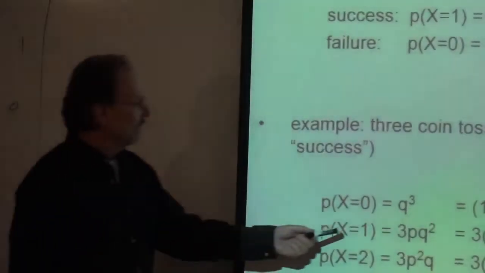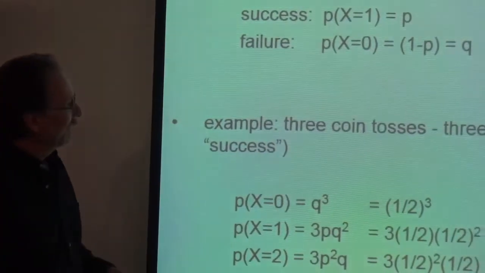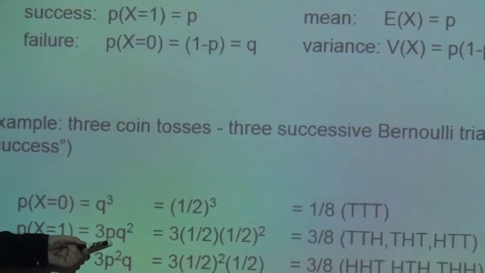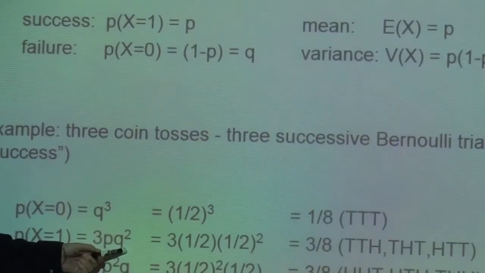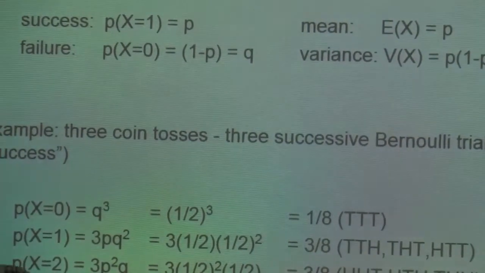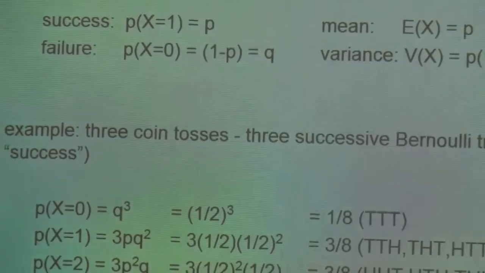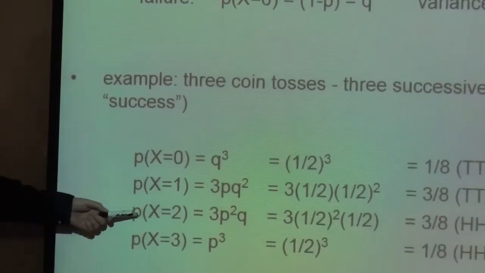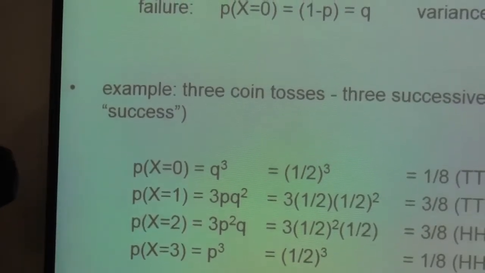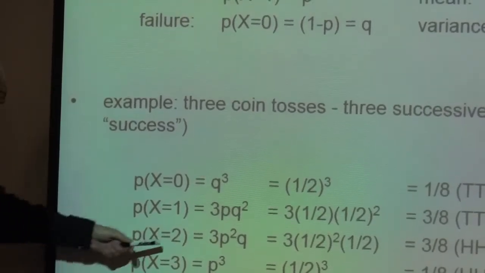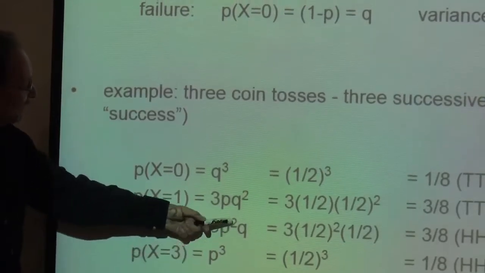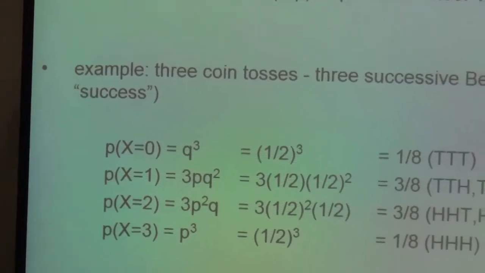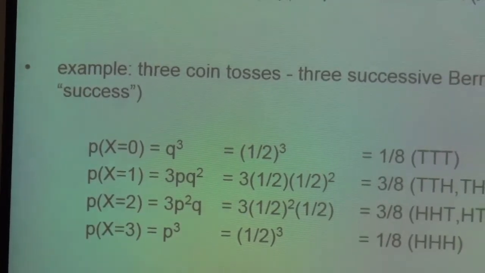Probability of getting 1 head is, by definition, 1 head, which is a success, and 2 failures, and then there's 3 possible outcomes, and from that we get 3/8. Likewise, for a value of 2, which is 2 heads, there's 2 ways to get that, so it's P squared, one way to get tails, which is Q, times 3, and likewise for the 3 successes.